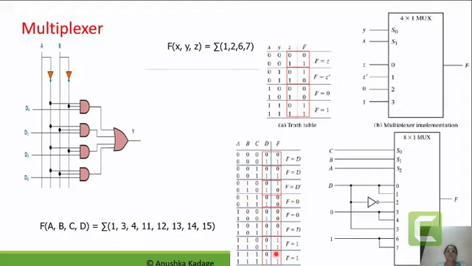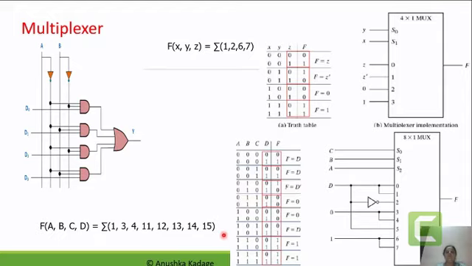Now again we have to carry out the task of deciding which multiplexer will be used for getting the implementation of this 4 variable function using the multiplexer.